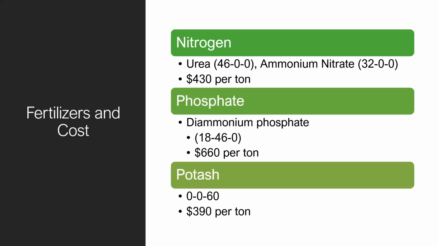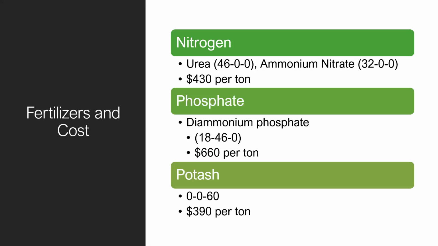We've got corn planting going on right now. We're going to be moving into those other warm season crops, grain sorghum, soybeans, cotton, in the near future. And with commodity prices up, fertilizer prices have gone up as well.